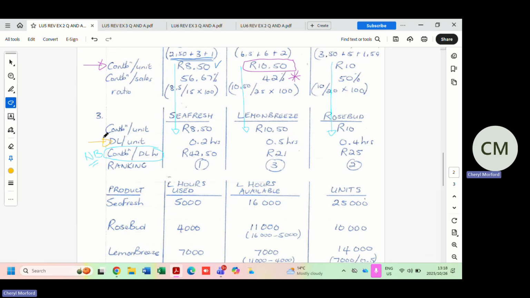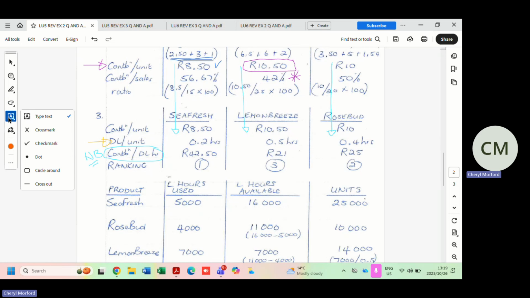Then what does contribution per limiting factor mean? You take the contribution and we divide it by, that's what per means, time. So what we are going to do over here is say 8.50 Rand divided by 0.2.